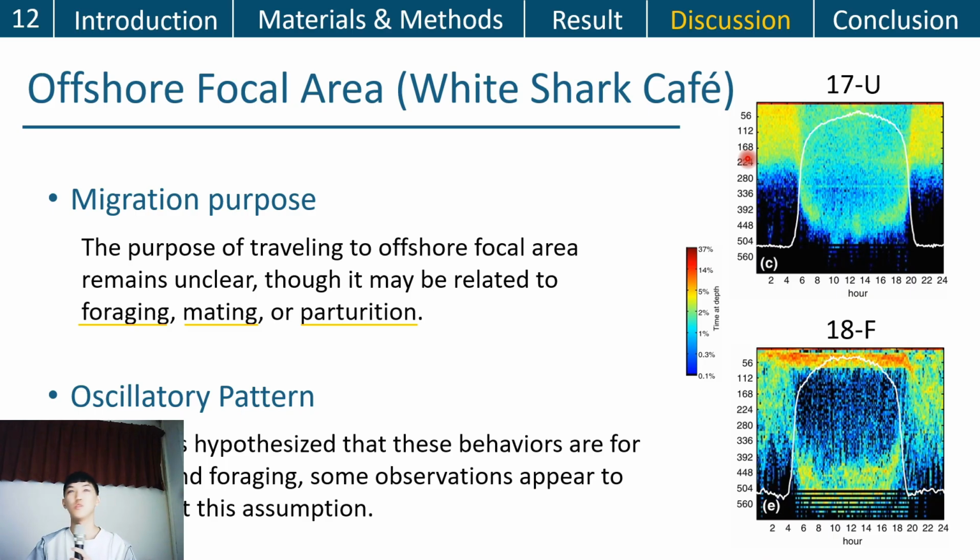So the sharks will dive and find food. And the other reason is to mate or give birth. But the young sharks also go to the core area. So this reason might not be correct.